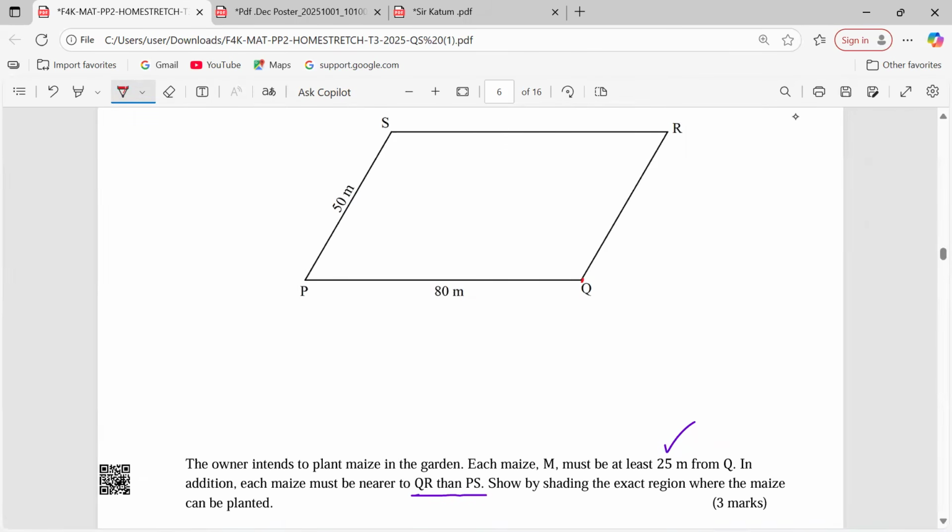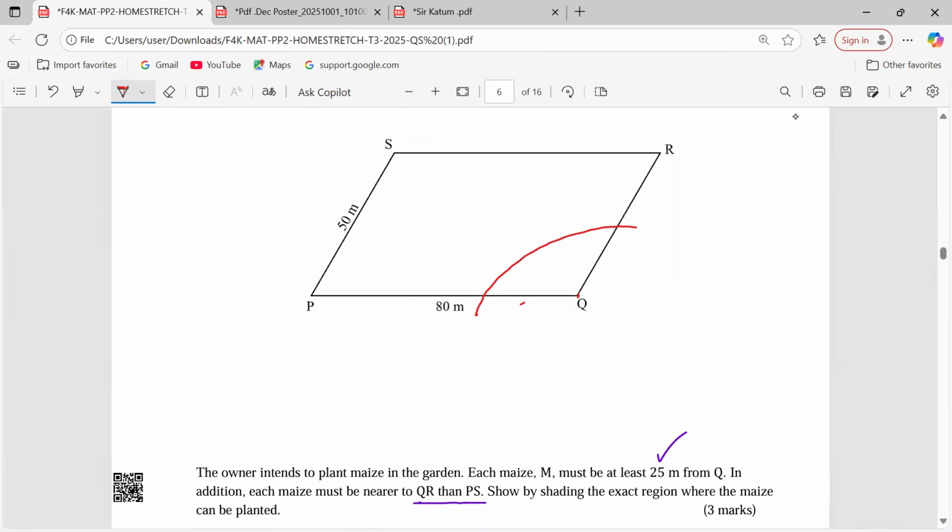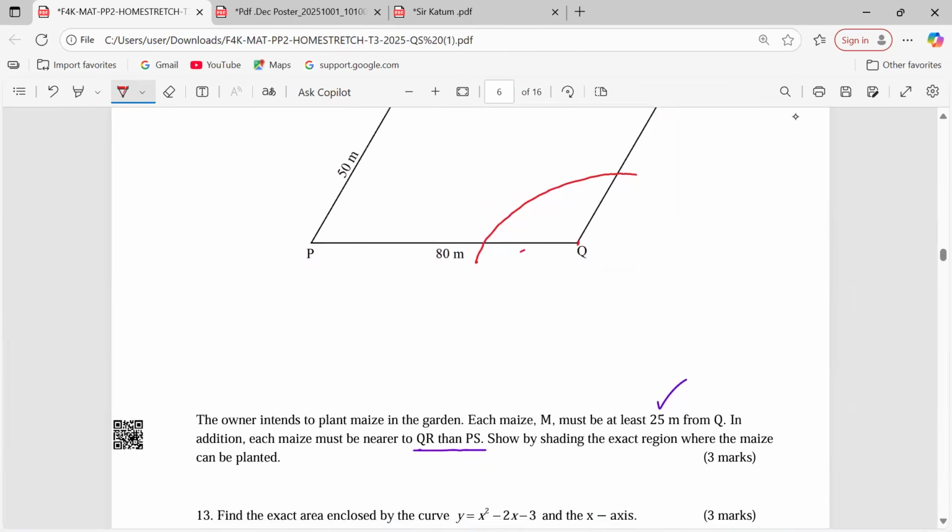So stand at Q, you do an arc length using 25 meters. According to the scale, you will know the appropriate length there.